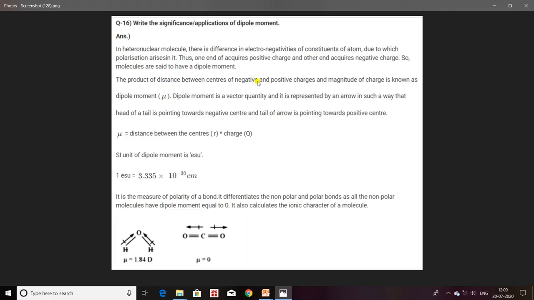So here we can say that the molecule will be polar in nature. So we can measure the polarity of a bond using dipole moment, because dipole moment is the distance between the centres into the charge on the atom. So we can measure the polarity of the bond, and we can also calculate the ionic character of the molecule.